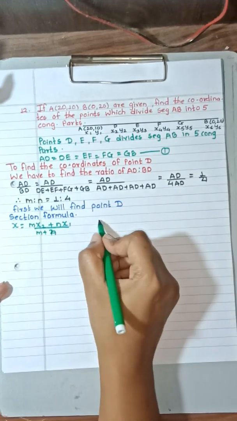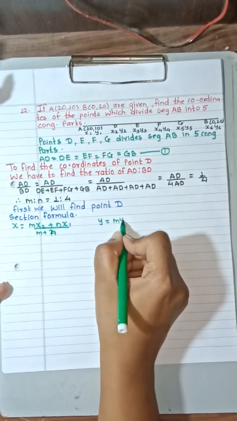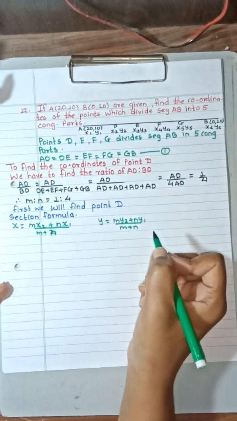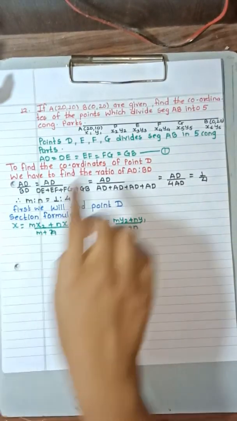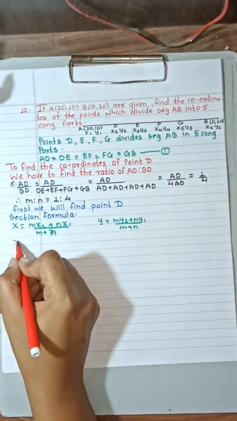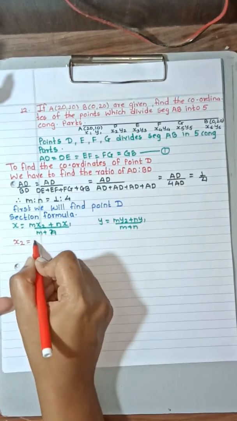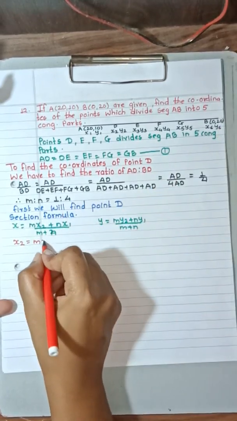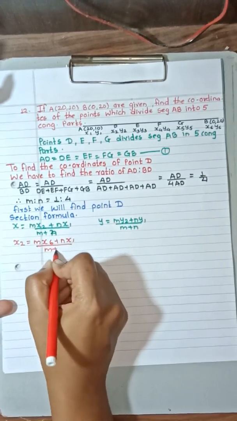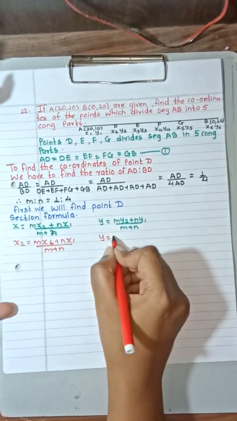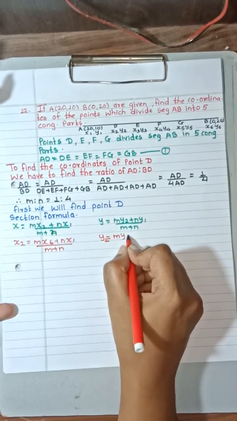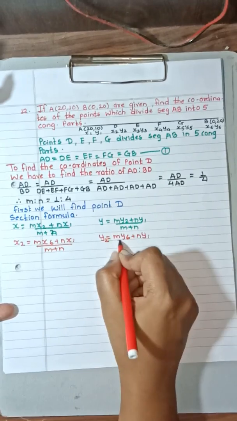Similarly for y also, (my2 plus ny1) upon m plus n. Now here we are going to find the coordinates of point D, therefore our formula is also going to change. So here it will be x2 is equal to (m x6 plus nx1) upon m plus n. Similarly for y also, here it will be y2 is equal to (m y6 plus ny1) upon m plus n.